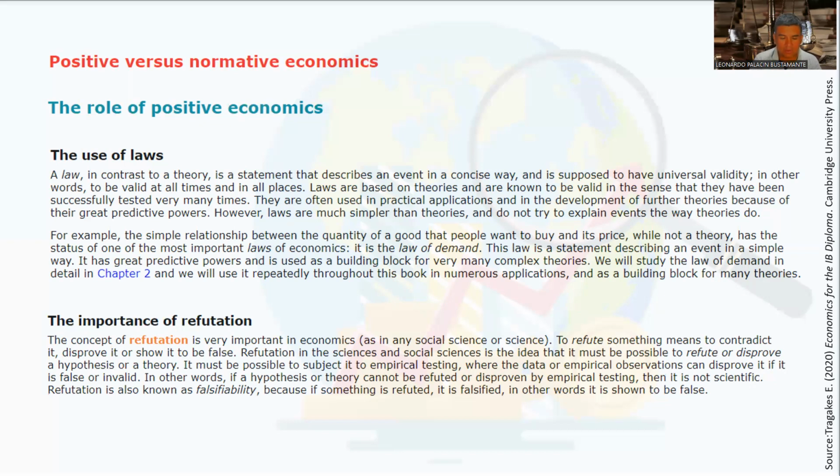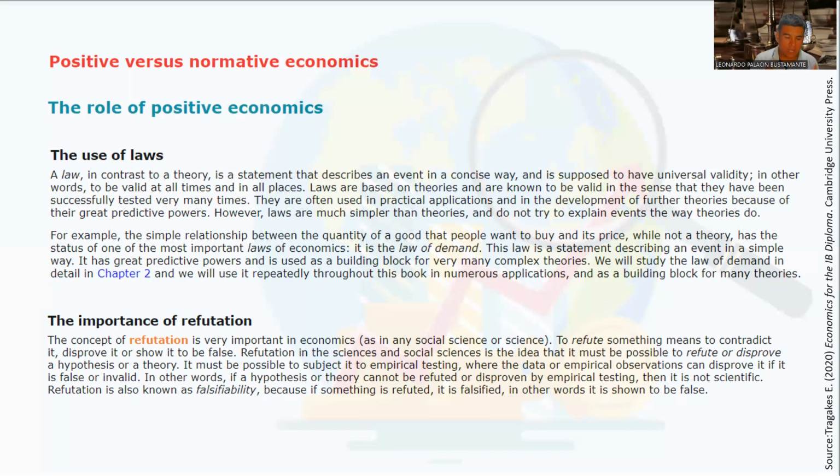So it must be possible to subject it to empirical testing, where the data or empirical observations can disprove it if it is false or invalid. In other words, if a hypothesis or theory cannot be refuted or disproven by empirical testing, then it's not scientific.